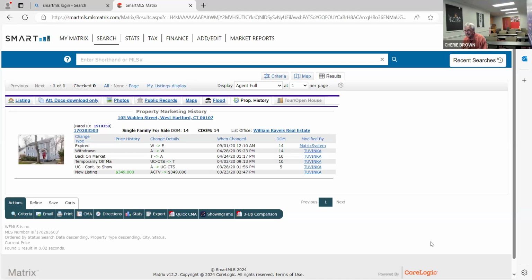And then we see on 9/1, it shows up as E, an expired listing. That's what will happen as soon as the contractual date for the listing expires. In this case, it expired at midnight on 8/31. If you pull it up by its MLS number, it's now in the expired status.